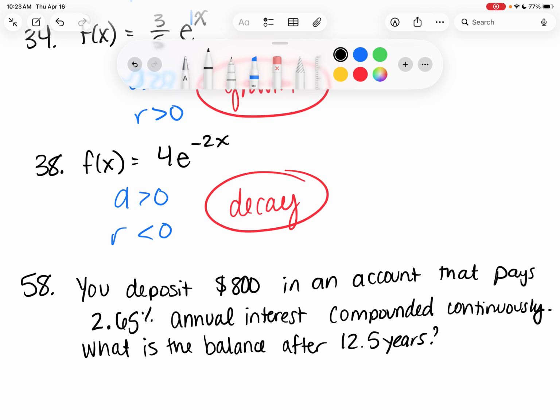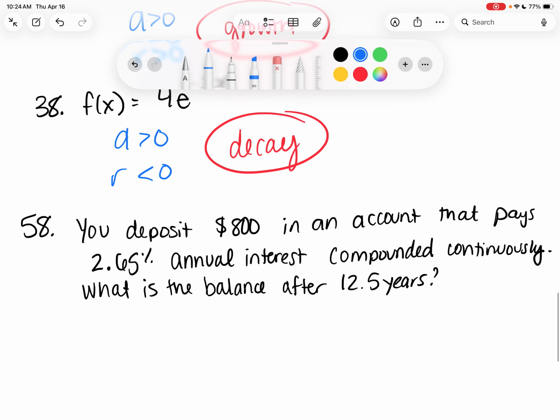The stuff that we skipped in the last section we'll probably come back to, but not today. Those are how to find it when your interest is compounded monthly or quarterly. It can go to weekly, but most banks aren't doing that. But anyways, this is if it's compounded continuously.